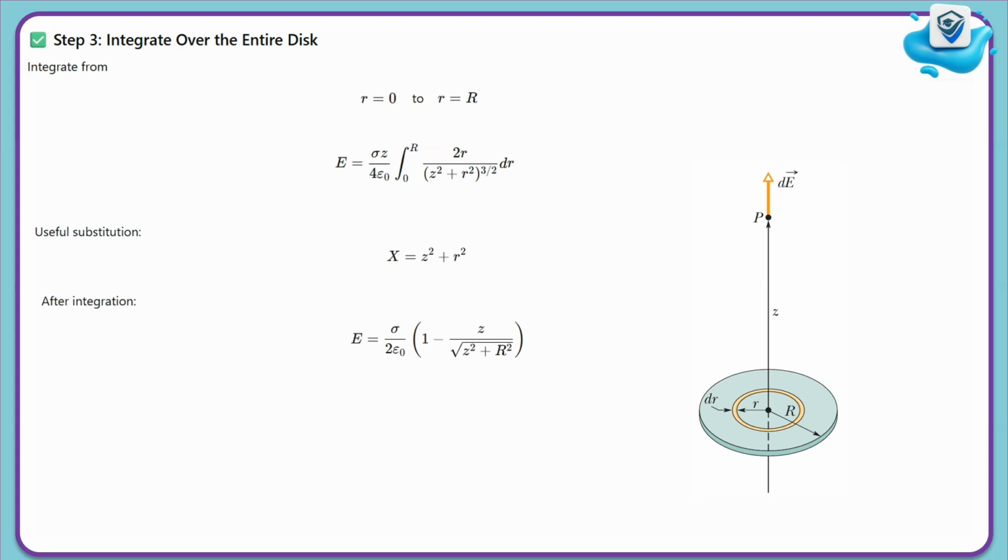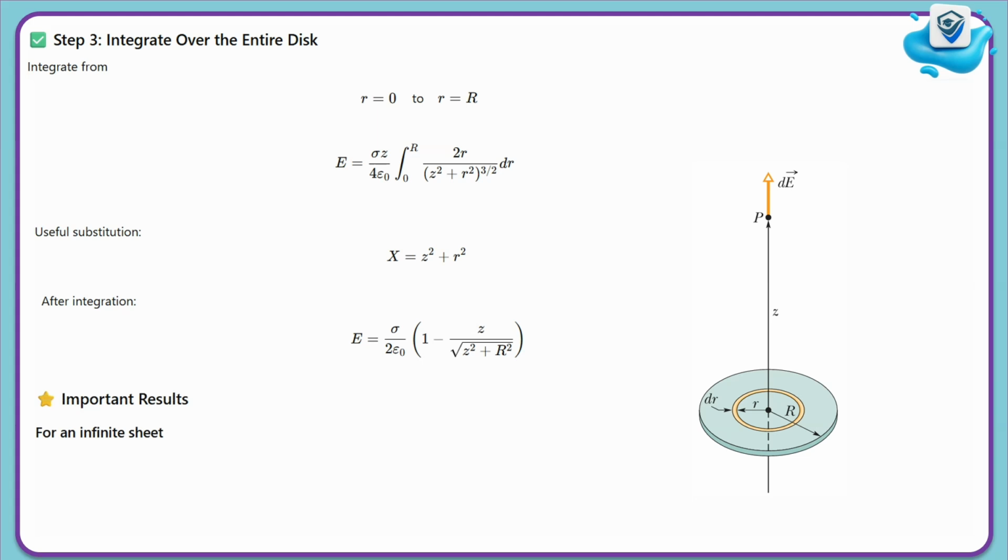After integration and simplification, we obtain the electric field of a uniformly charged disk. E equals sigma over 2 epsilon 0 multiplied by, open parentheses, 1 minus z over the square root of z squared plus R squared, close parentheses.